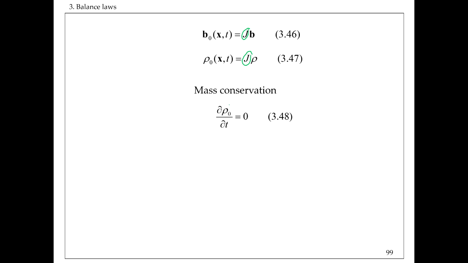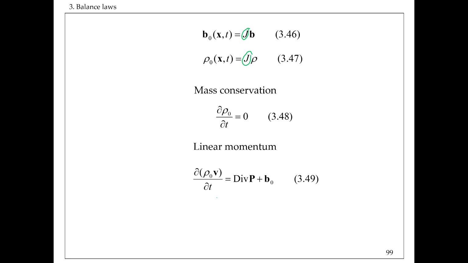The linear momentum is now written in a very similar way. This is d(rho_0 v)/dt, the linear momentum. We can expand it, but we can also use the mass conservation law, so that we can pull rho_0 outside, because d rho_0/dt will be 0, since we need to satisfy the mass conservation.